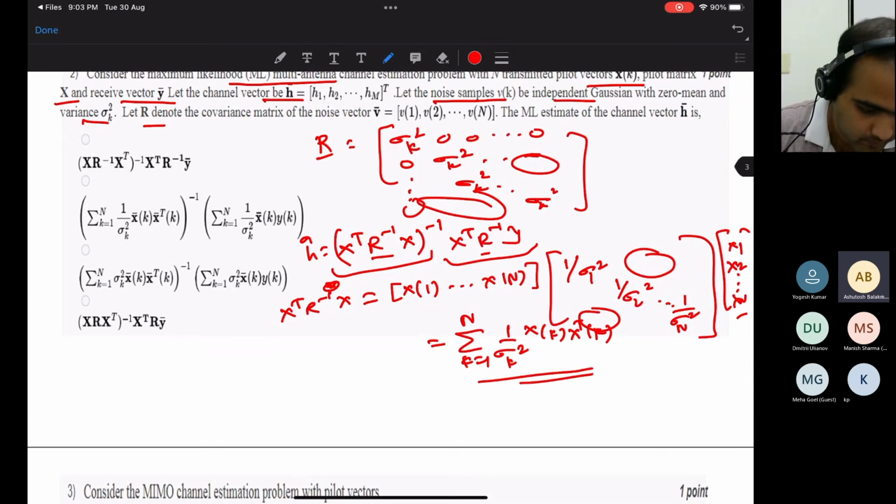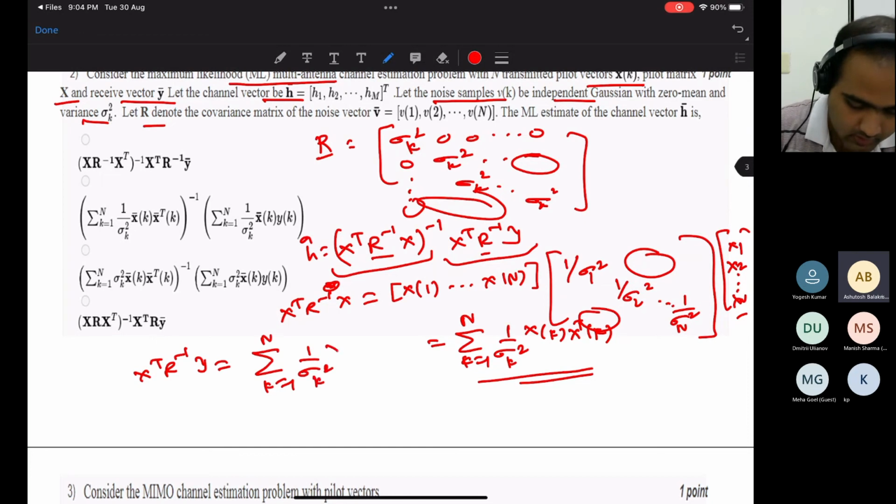And X transpose R inverse Y is directly the sum of 1 by sigma k square, xk, yk.